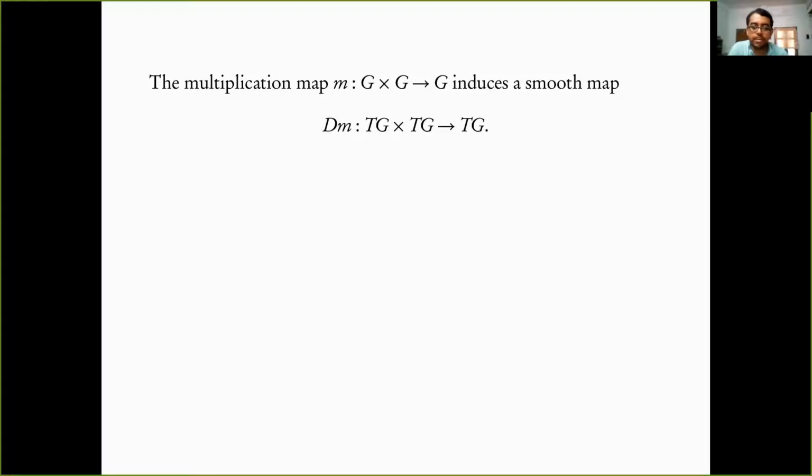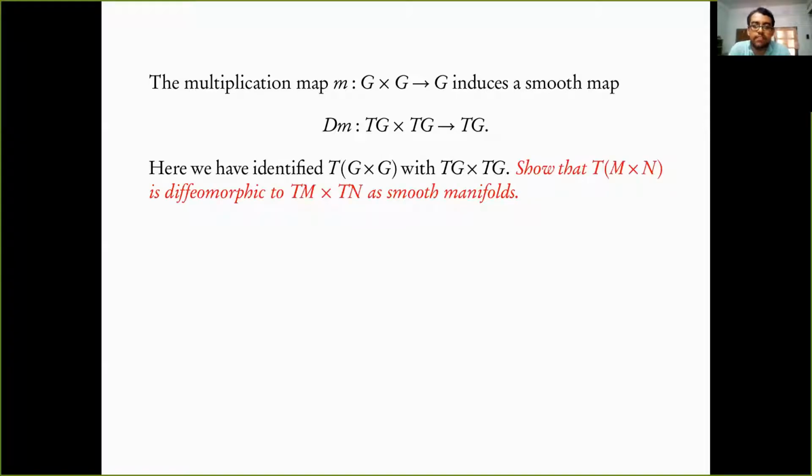Okay? So at this point, you might object saying that, well, it should really be the tangent bundle of G cross G. It's not TG cross TG. Well, here's the exercise that I have secretly identified T of M cross N with T of M cross T of N as smooth manifolds.